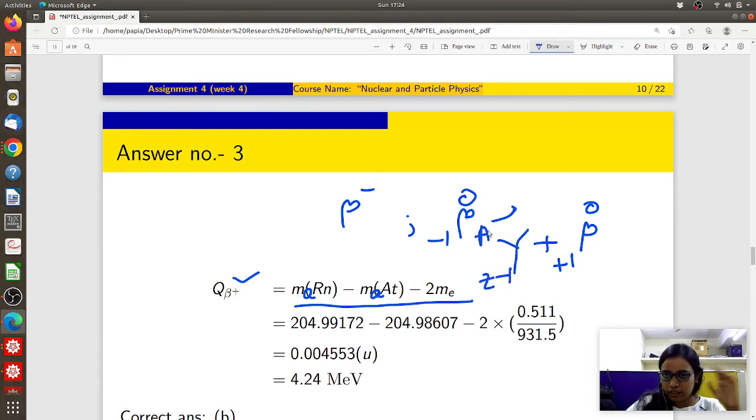So that's why if I just calculate the similar thing I did previously, the expression will be MaRn minus MaAt minus 2 into Me. So this is the expression for Q of beta plus. So just write here the value of MaRn, which is given in the question, and MaAt is also given, and Me we all know has a value 0.511 MeV.